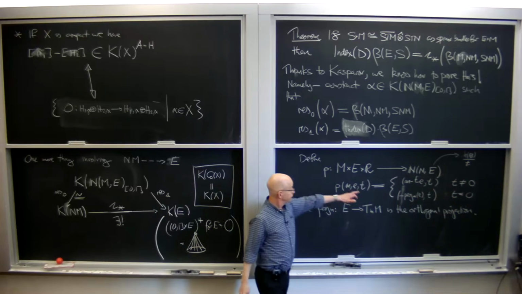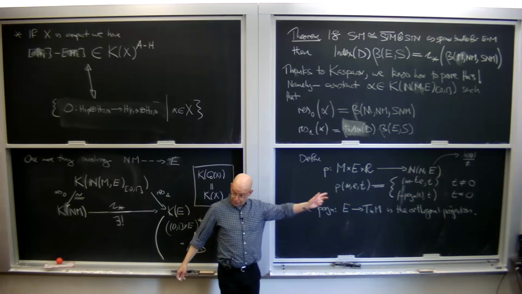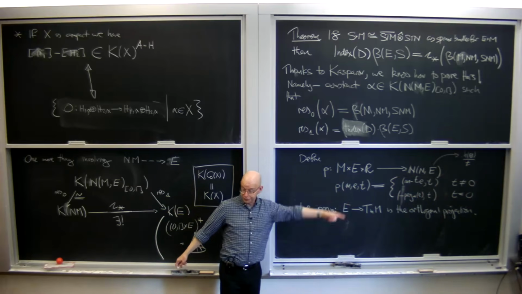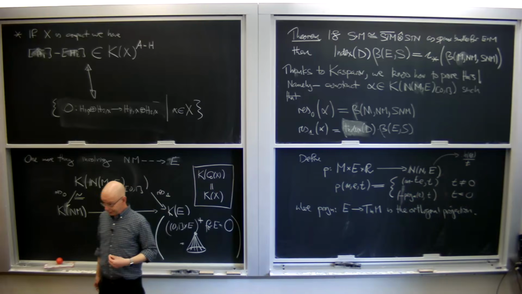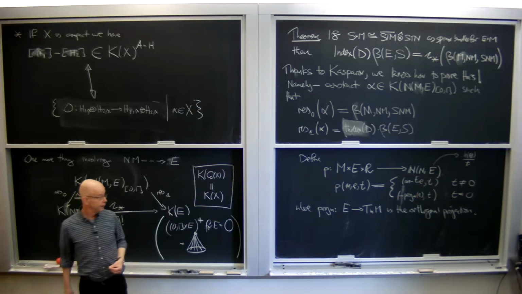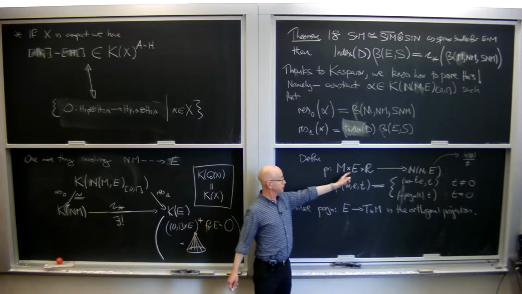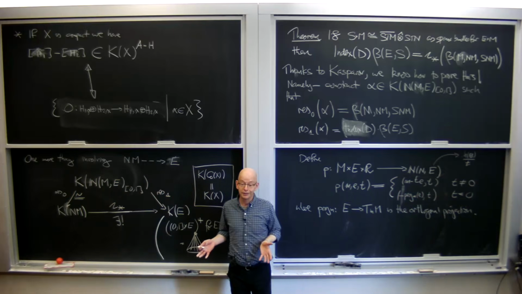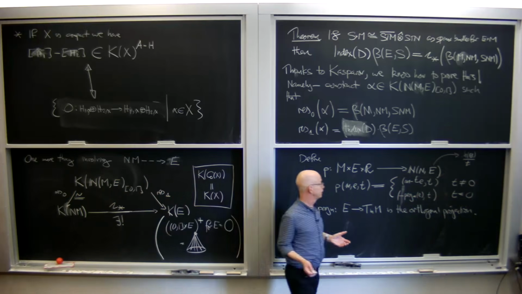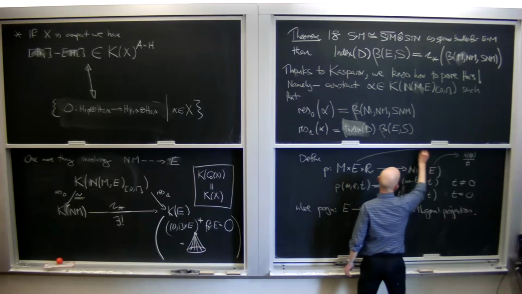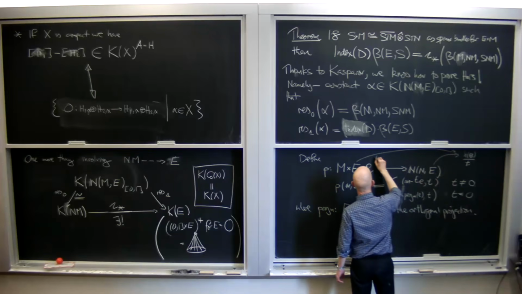So if this map is to be a smooth map, it should have the property that when I compose with one of these special functions like I was just describing, the composition should be smooth. And the composition is just going to be a function on M times E times R, so we can easily check to see if it's smooth or not. What is the composition going to be? It's going to look like this.